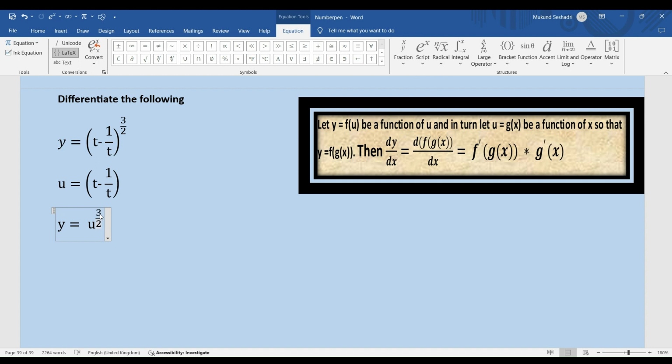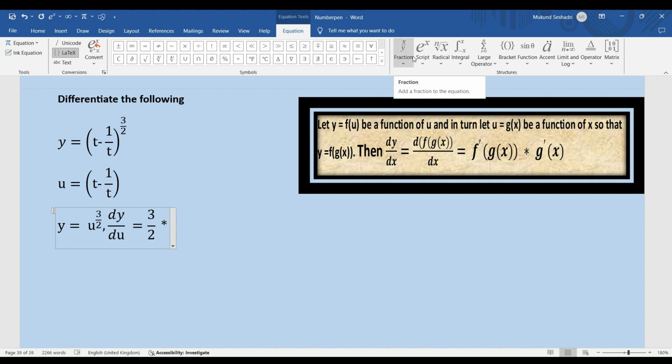So now my y in terms of u is y equals u to the power 3 by 2, which means my dy by du is 3 by 2 times u to the power 3 by 2 minus 1, right?